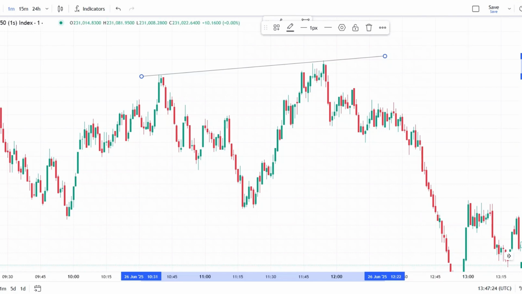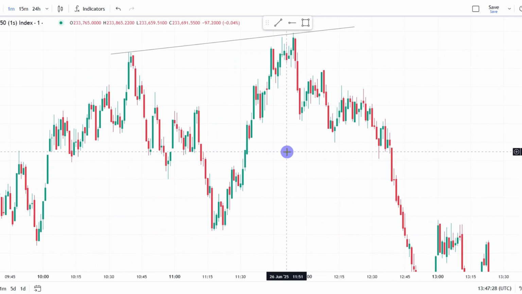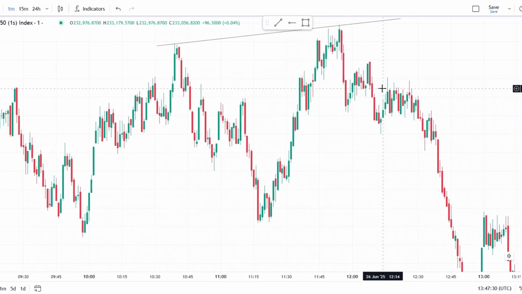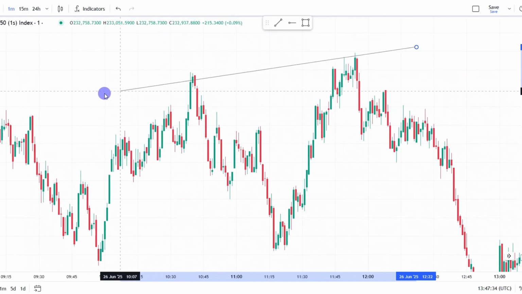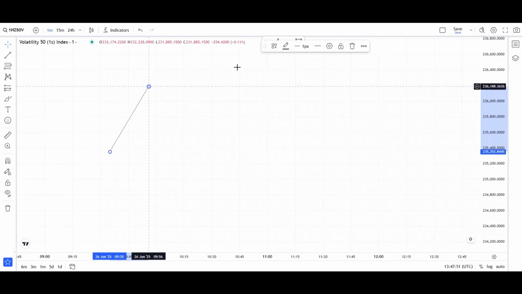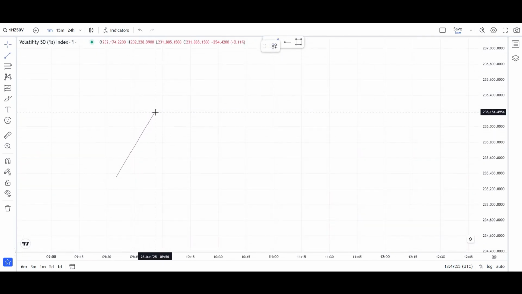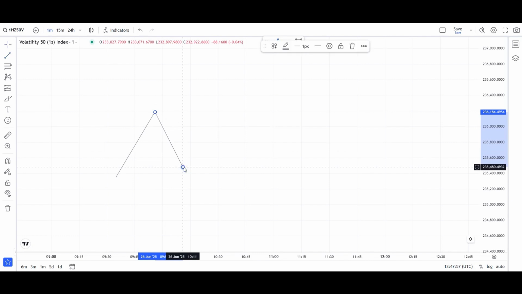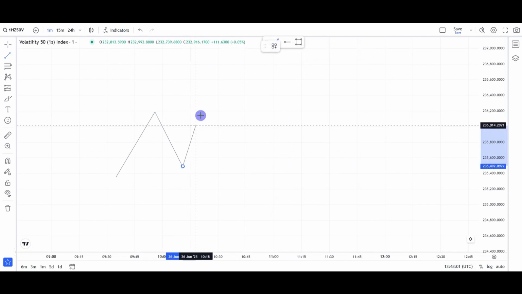So I'm on the 1 minute time frame. The first thing you want to do is find an area where price went high and then dropped down again, and after that maybe went high again.